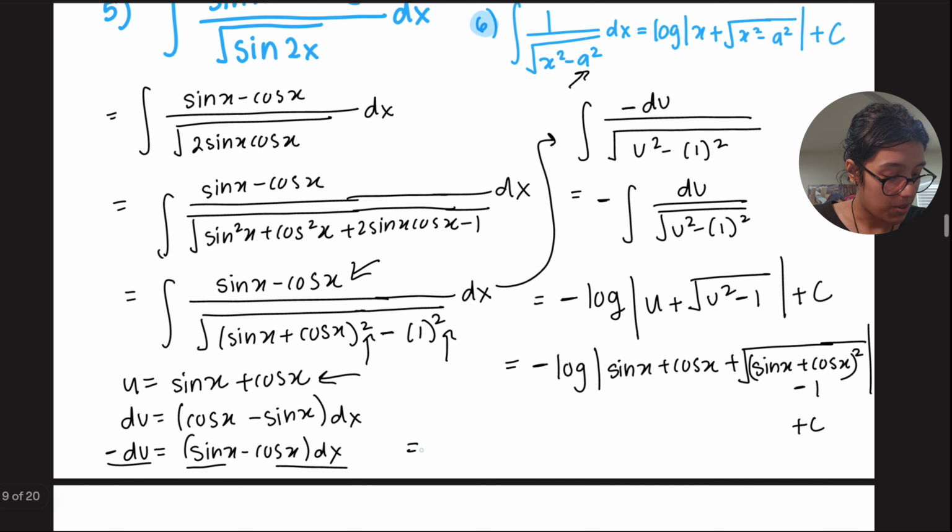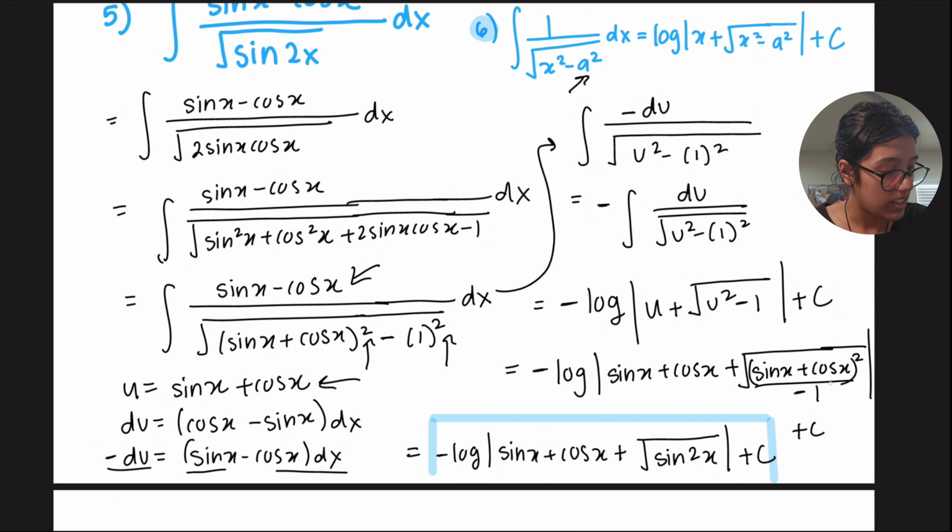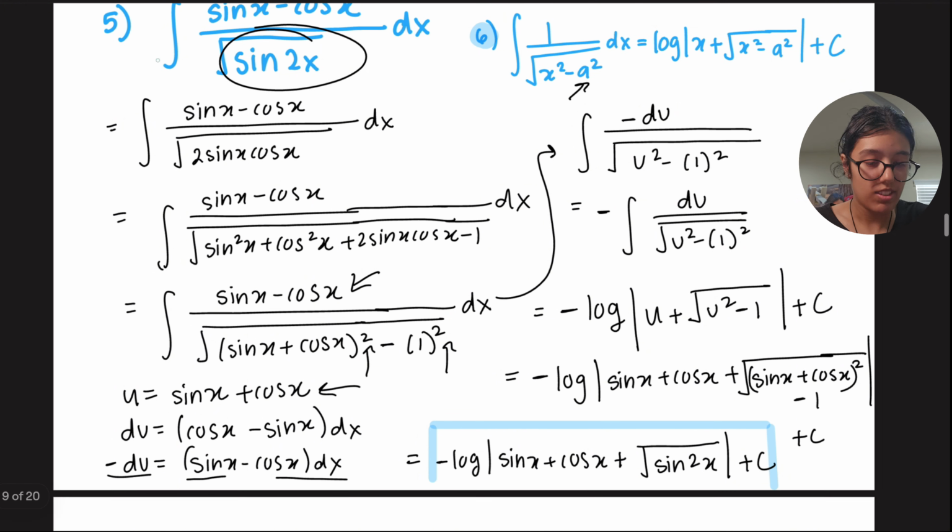And now I'm going to rewrite this: minus log of sine x plus cos x plus, I'm going to simplify this whole thing, square root of sine 2x, plus c.